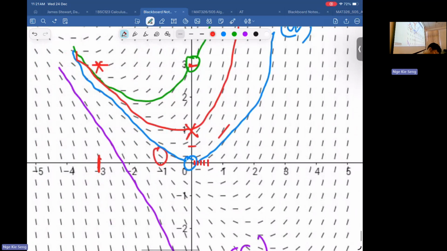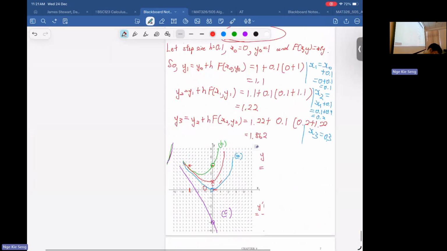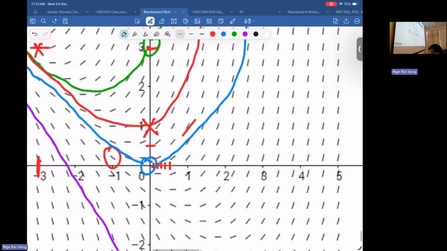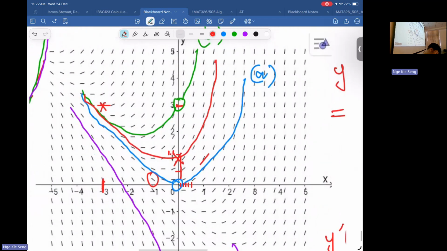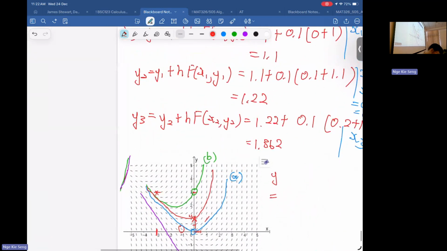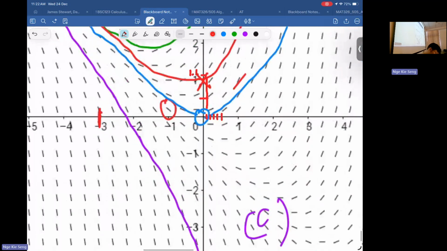So when x is 0.1, what do we get? 1.1. Okay, somewhere above here. And then when it is 0.2, you get 1.22. So a bit further up. So maybe we should draw a little bit upward like that. Let me do the correction. Maybe here, 1.22.